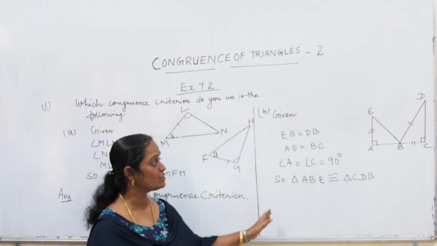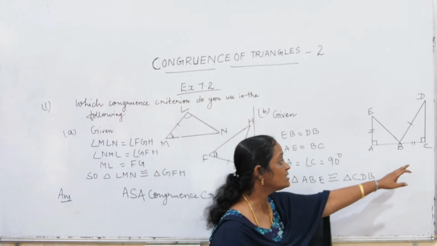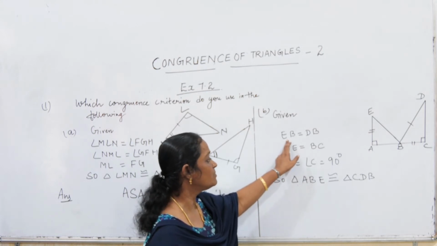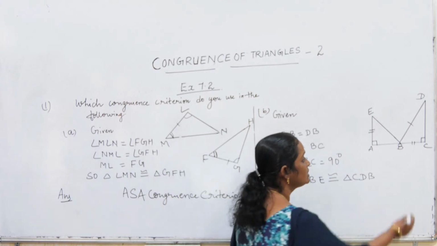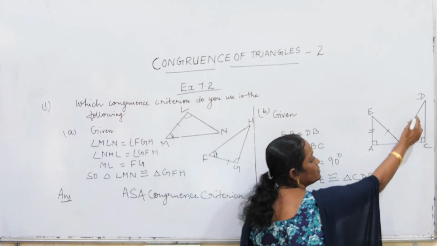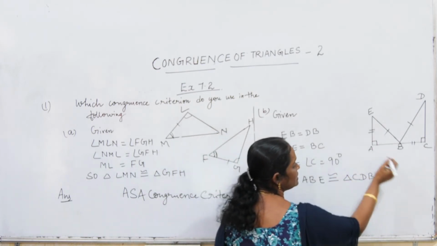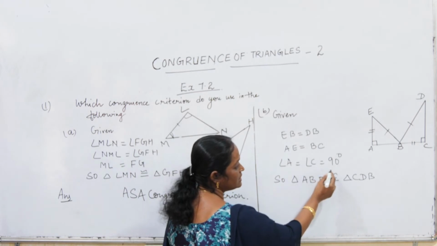Here the next question, two triangles are given, triangle ABE and triangle CDB. So here EB is equal to DB. This side EB is equal to this side DB, and this side AE is equal to BC, and angle A is equal to angle C is equal to 90 degrees.